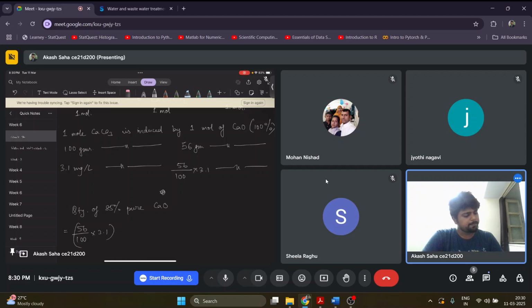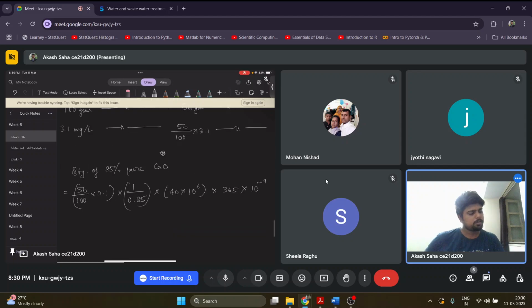Now it is 85% pure, so we will be dividing by 0.85, because more amount will be required than necessary as purity is lesser, into the MLD of water that is coming, that is 40 into 10 to the power 6 liters per day into 365 days, and convert into tons by 10 to the power minus 9. So we will get the final answer as 29.8 tons per year.